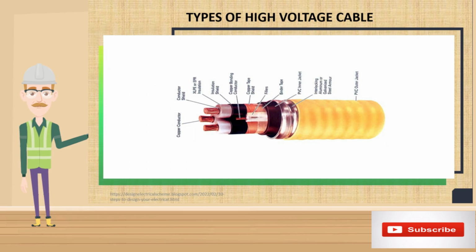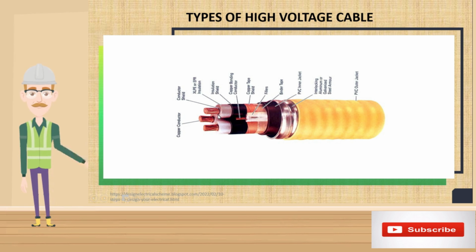Let's have a look at the structure of the HV cable. On the left hand side, the bulged metal part is the core of the cable, which would be either aluminum or copper. It is the conduction part.